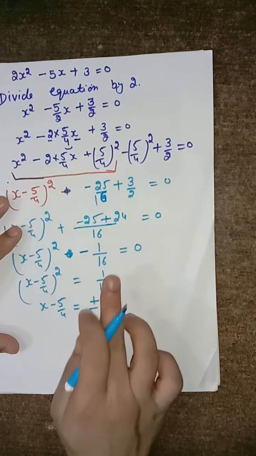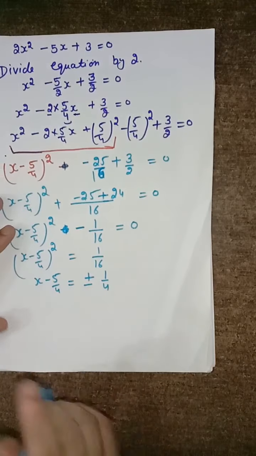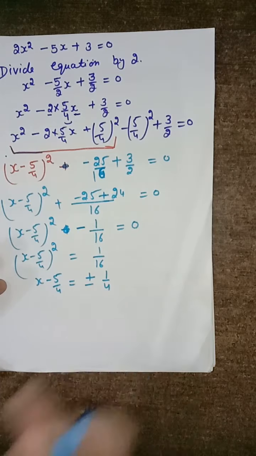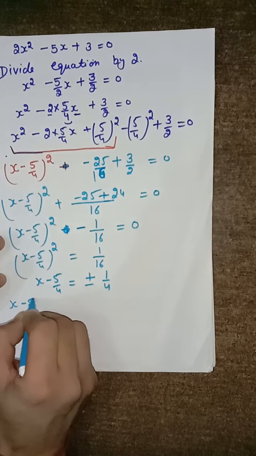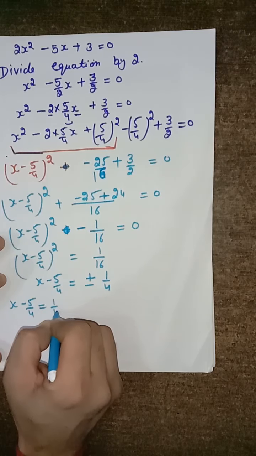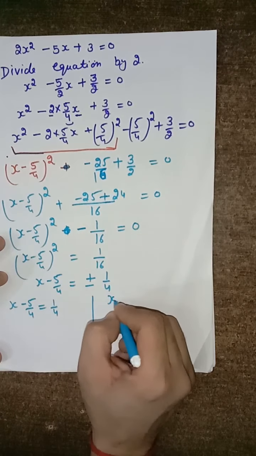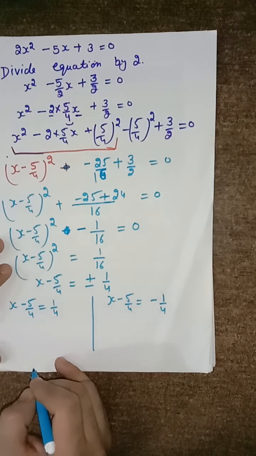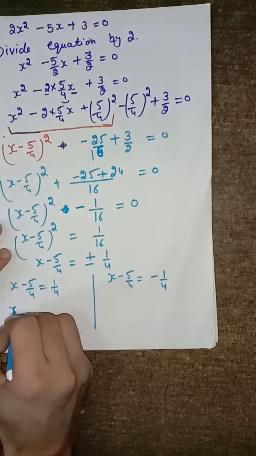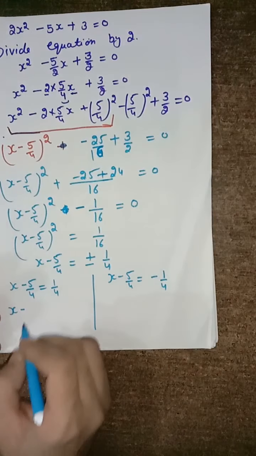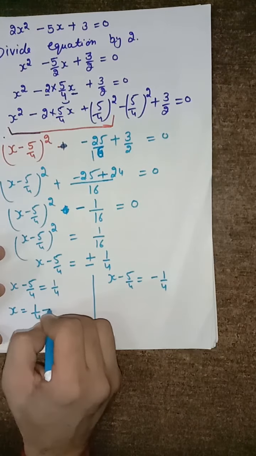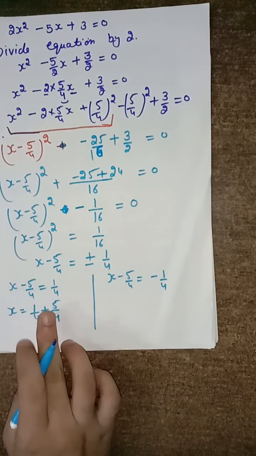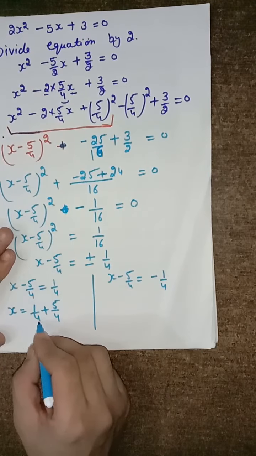I simply take the square root of 1/16. Now either this term will be positive 1/4 or negative 1/4, meaning x minus 5/4 equals positive 1/4 or x minus 5/4 equals negative 1/4. If this is positive 1/4, then now take the LCM.